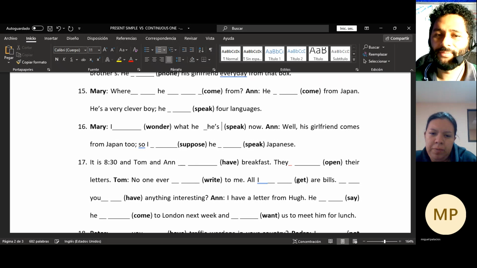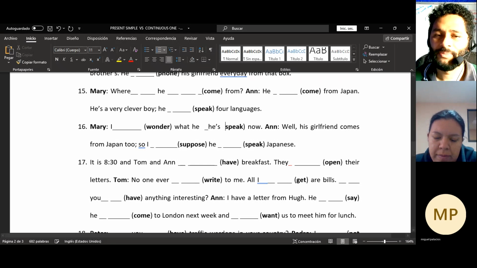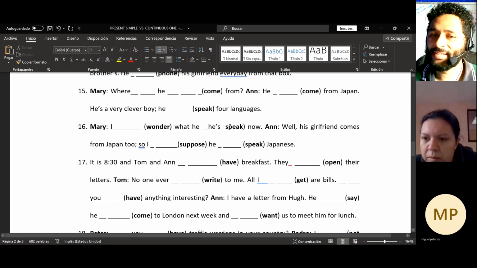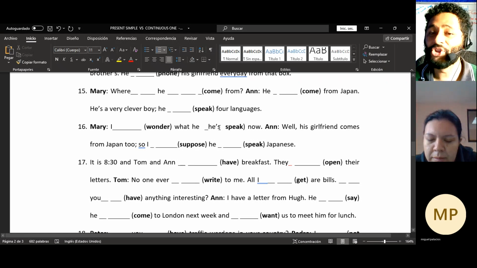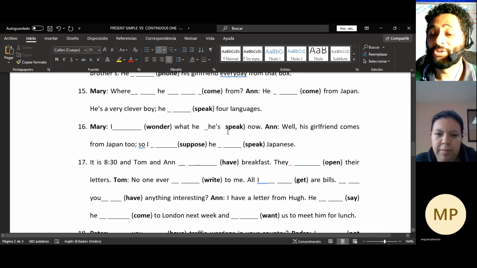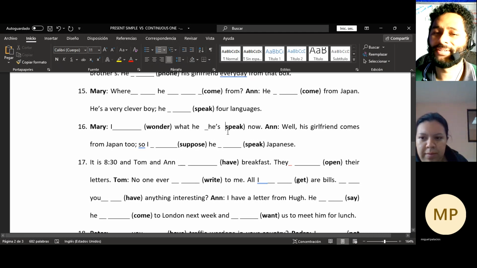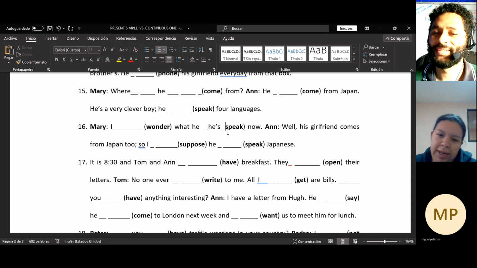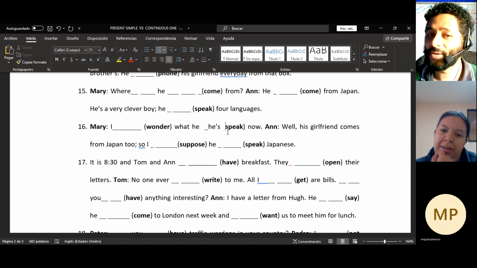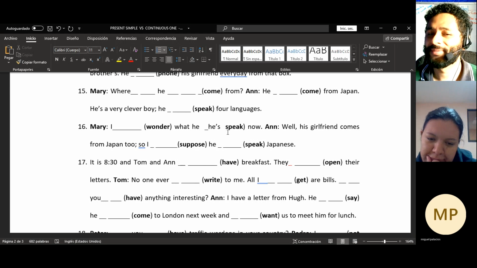Whenever an S meets another S, like in this case, you wouldn't say he's speaking with two S sounds, only one. He's speaking now. I wondered what he's speaking now.